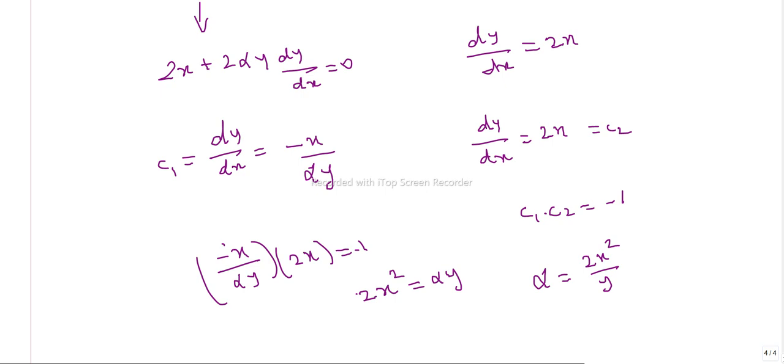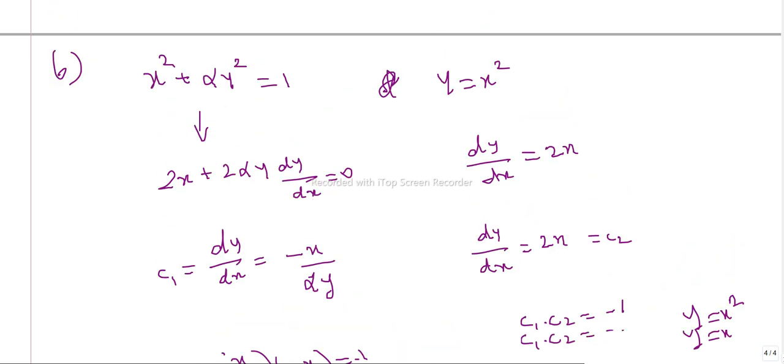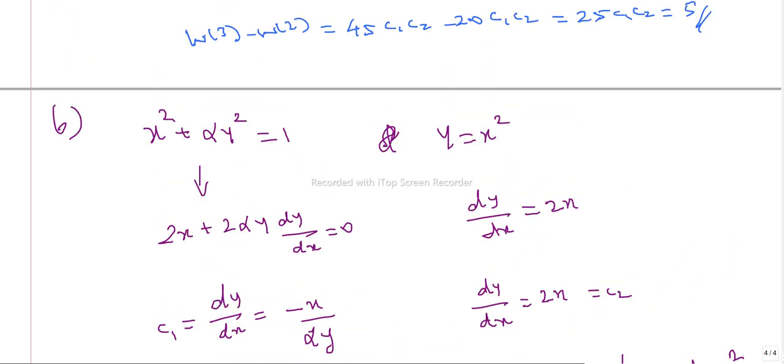But we know that the curve is y equal to x square, so x square and y cancel and we have 2. Therefore alpha equal to 2, and then these two families of curves are orthogonal trajectories. The product should be minus 1, that is the definition.